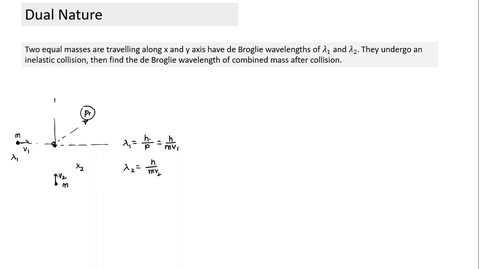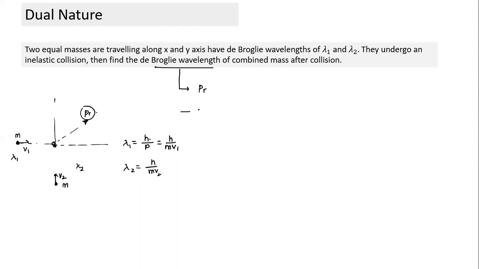By conservation of momentum. The momentum of the combined particle will be the sum of the initial momenta. Since I have to find the de Broglie wavelength, I need to find the resultant momentum.